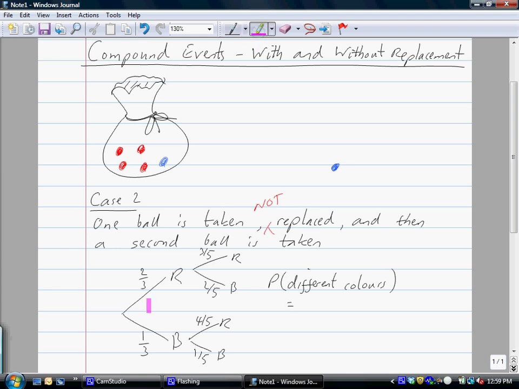So again, I'm looking at these branches. It could be red followed by blue, or it could be blue followed by red. So I get 2/3 times 2/5, or 1/3 times 4/5. So this would be 4/15 plus, again, 4/15. So that would be 8/15.